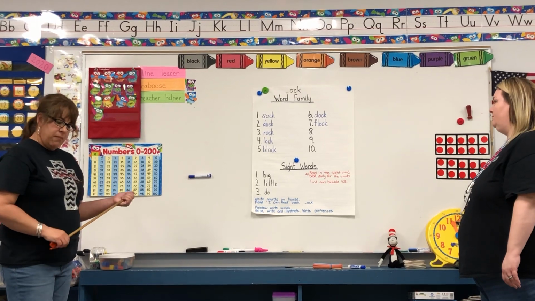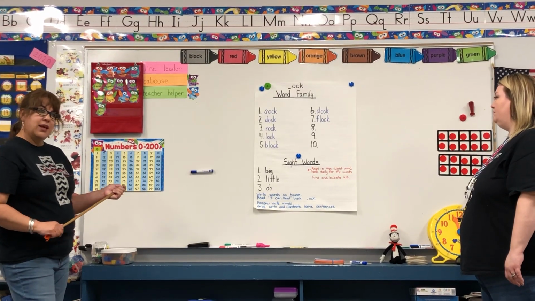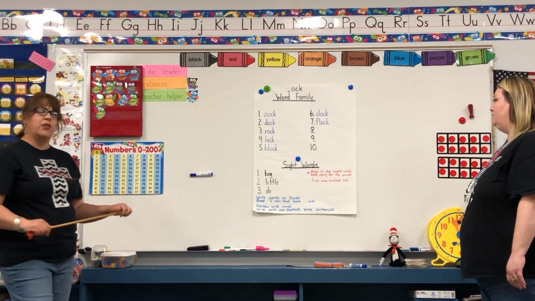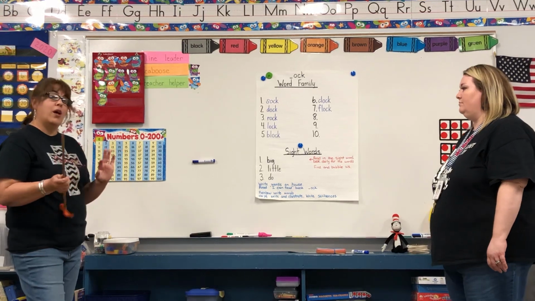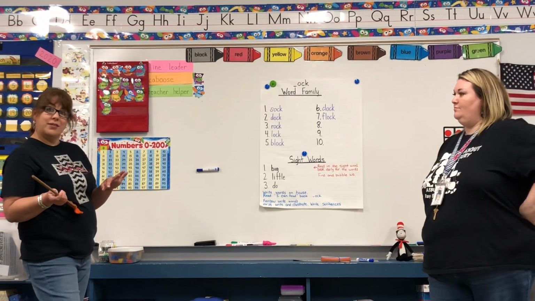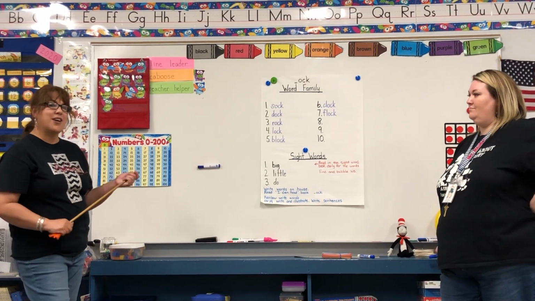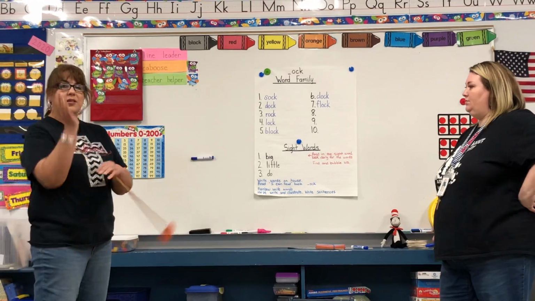Okay. Number 8 is, I don't know if some of y'all do this. I know my girls do. But a clock will go tick, what? Tock, right? So let's spell tock, okay? What letters are in tock that we hear? T, t, t, t.